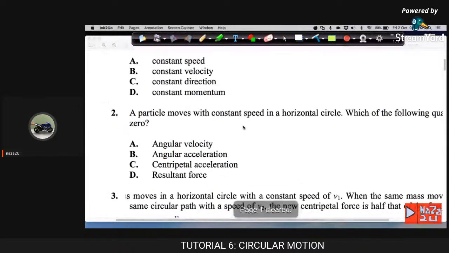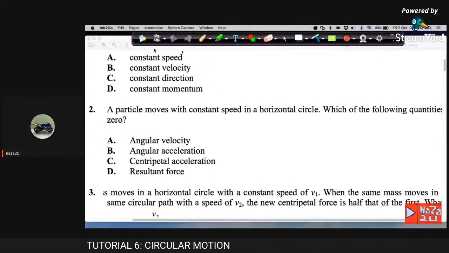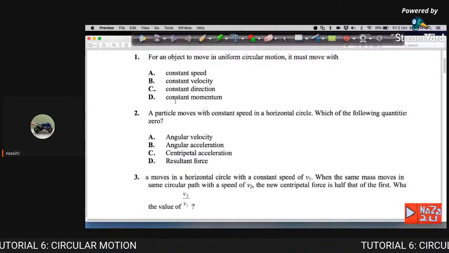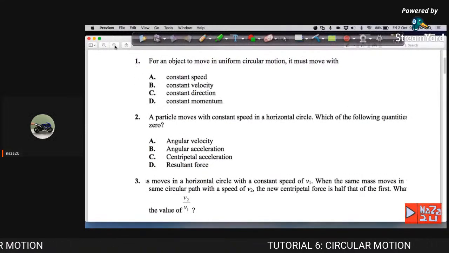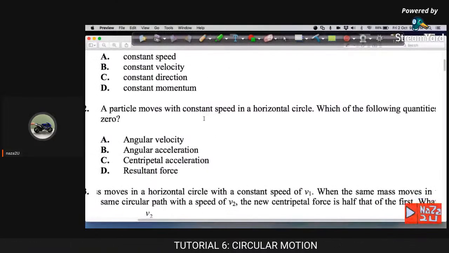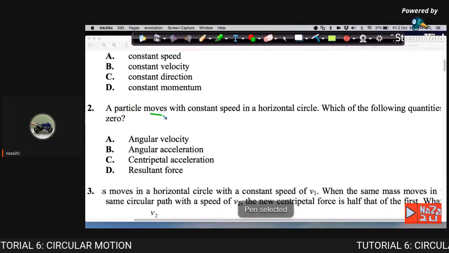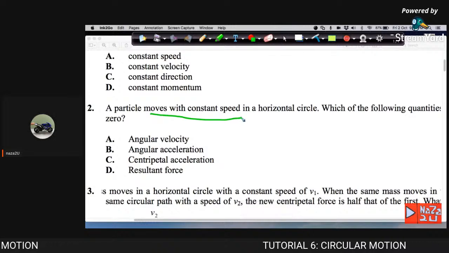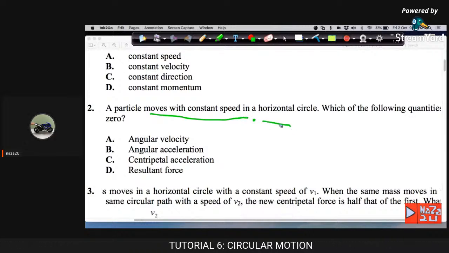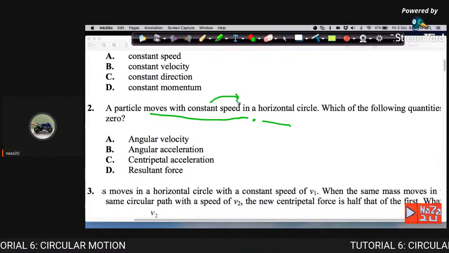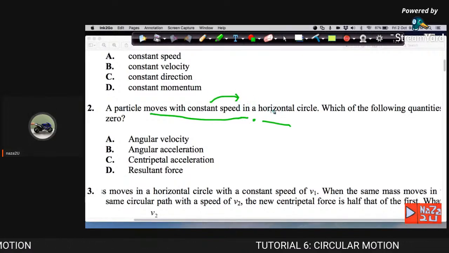Right, number 2. Okay. A particle moves with a constant speed on a horizontal circle. As we already discussed, constant speed for the circular path in the horizontal circle.